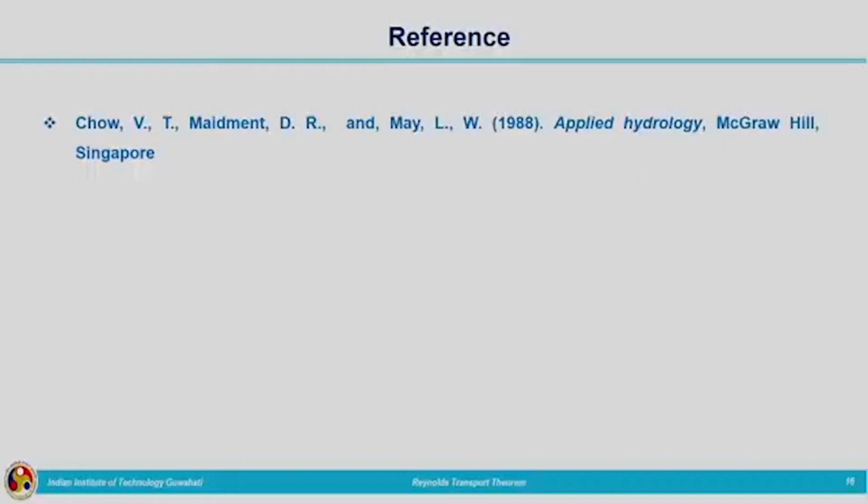So, we have seen the detailed description of the Reynolds transport theorem in these 3 lectures. We started with the introduction of the Reynolds transport theorem. In that we saw the basic fluid properties which depend on mass and which are independent of mass, that is, extensive and intensive properties.